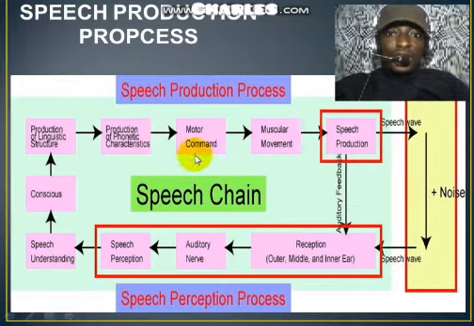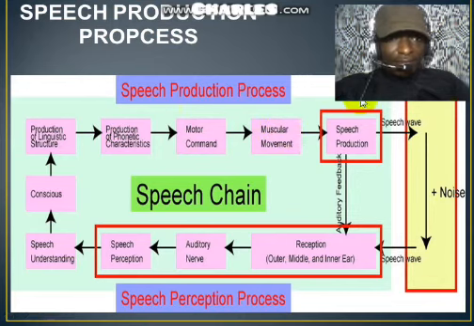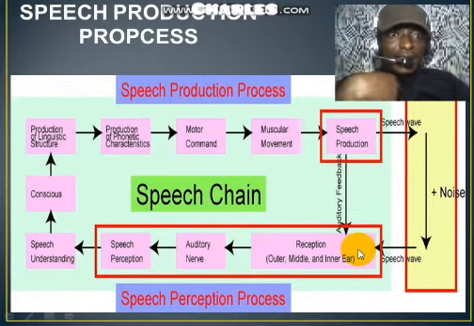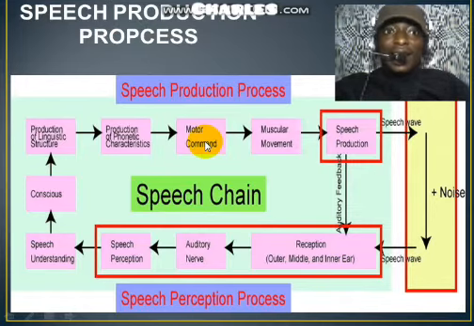Now, the speech chain consists of the speaker and the receiver or the listener. For example, I'm the one teaching, so I'm the speaker here, and you are the listener or the receiver. Alright? Words are thought processes that are generated in the mind.